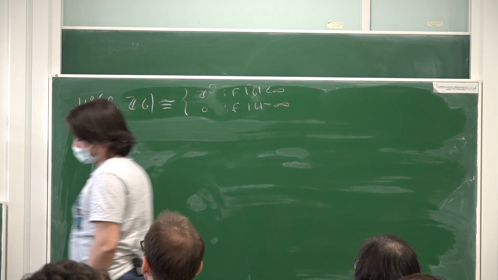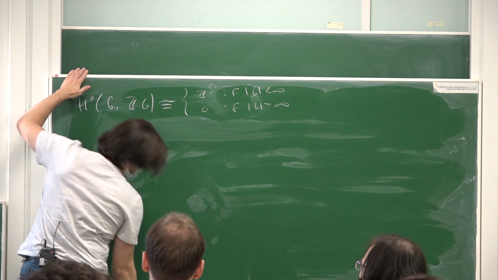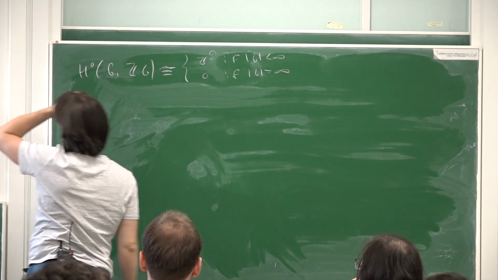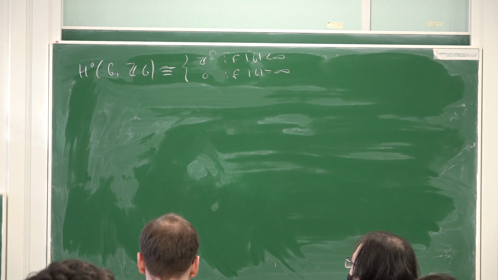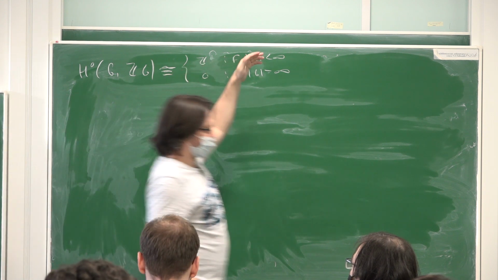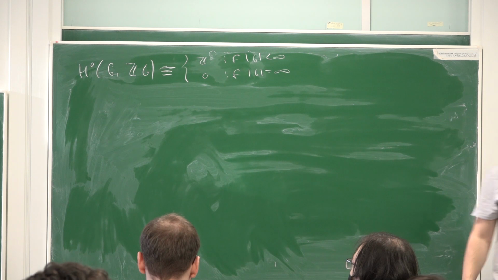On the other hand, we will see later that the higher cohomology of G with coefficients in ZG is 0 if G is finite, but can be non-zero if G is infinite.